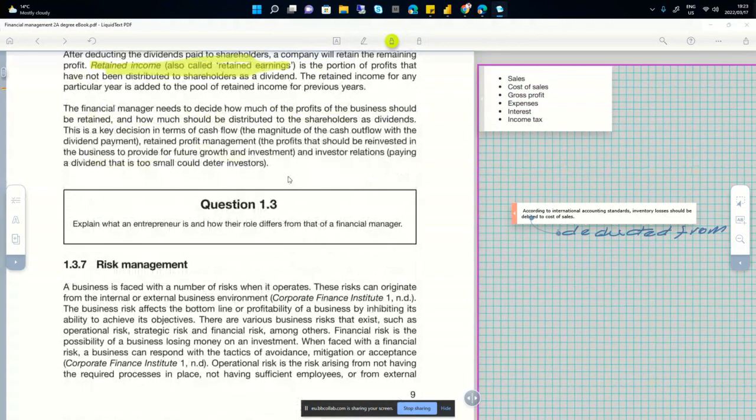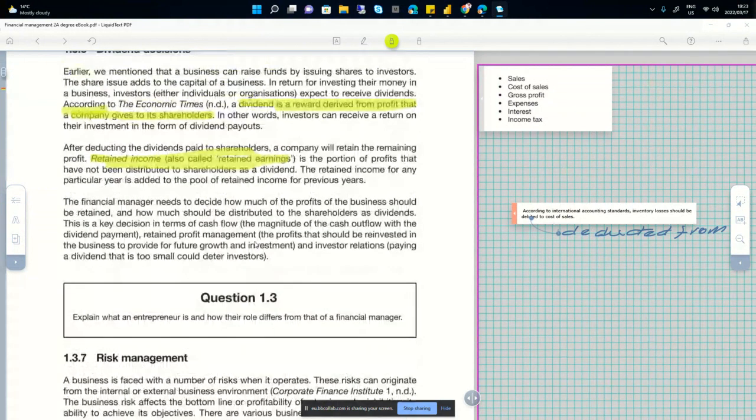For what purpose? You will read here. Any sensible business should be worried not only about profit making, but also about shareholders' wealth maximization. So it is important to maximize the wealth of the owners of the company.